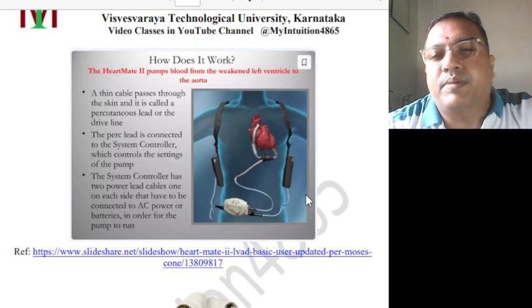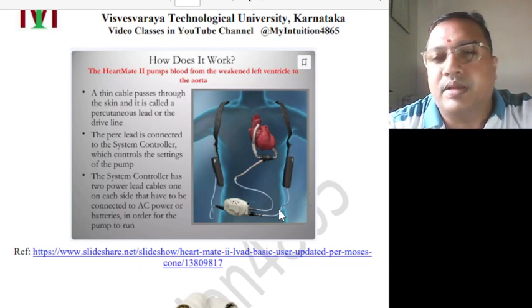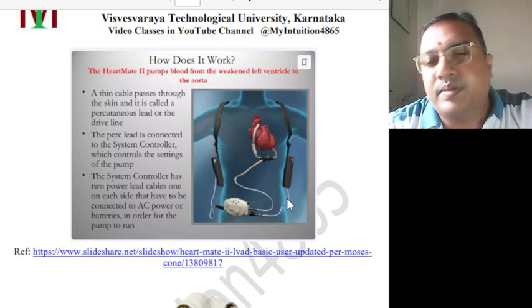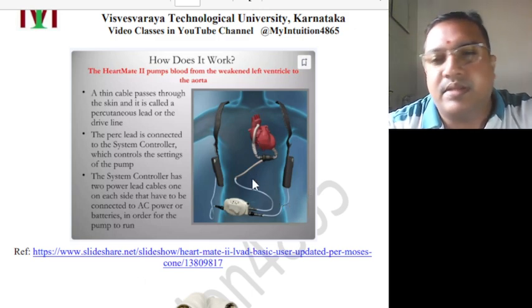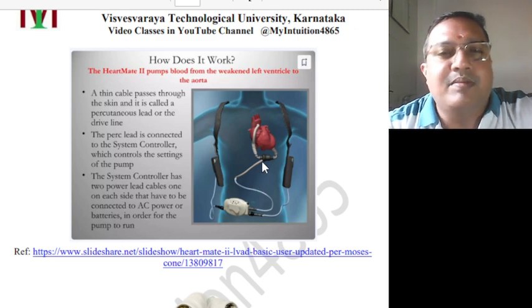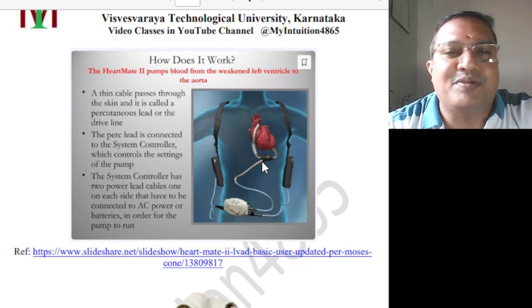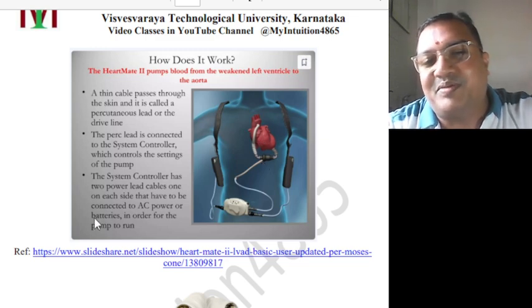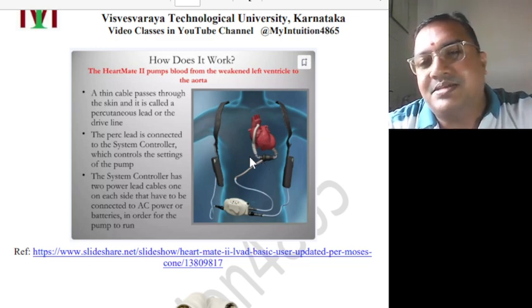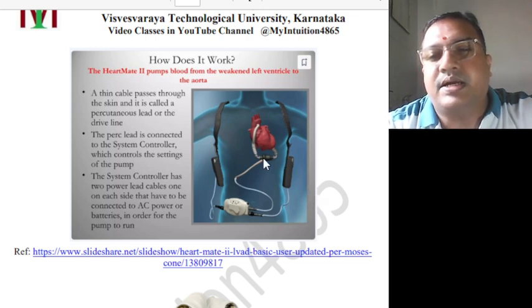This I got from slideshare.net. The original website is also there, but I was afraid of taking the image from it, so I took it from SlideShare. It shows exactly how it works with the heart, connecting to the heart; it is not the artificial heart itself, but a supporting device.